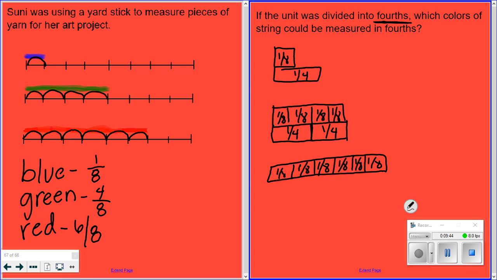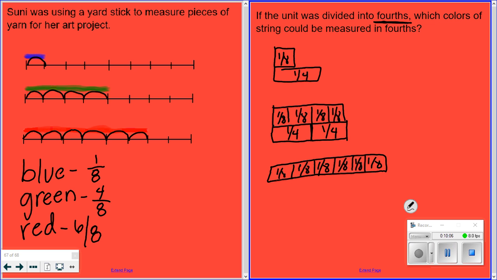And instead of counting by 1/8 pieces, I want to count by 1/4 pieces. How many 1/4 pieces will it take to get to the same distance as 1/8?